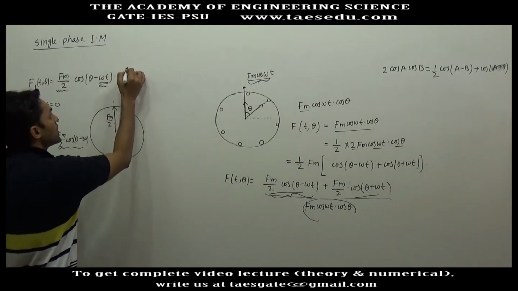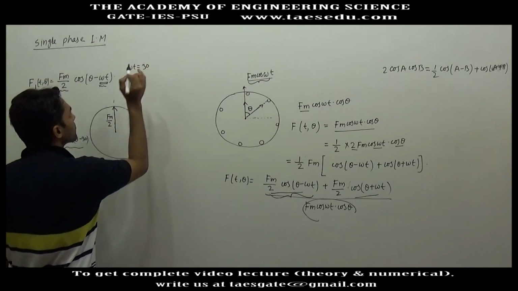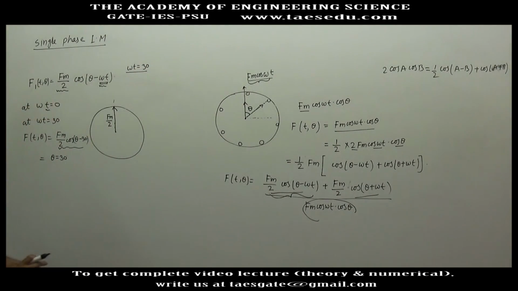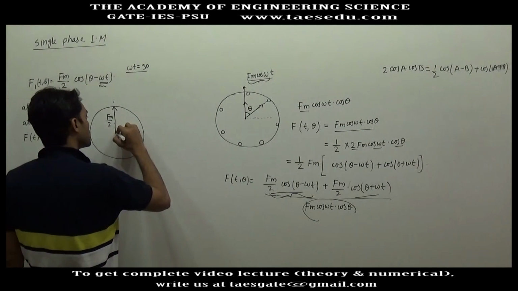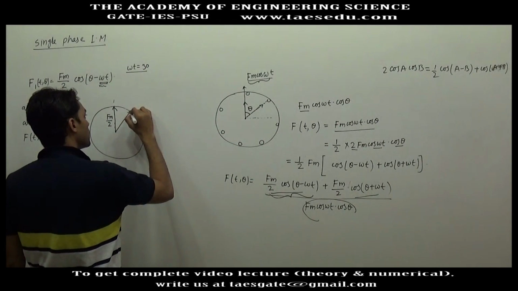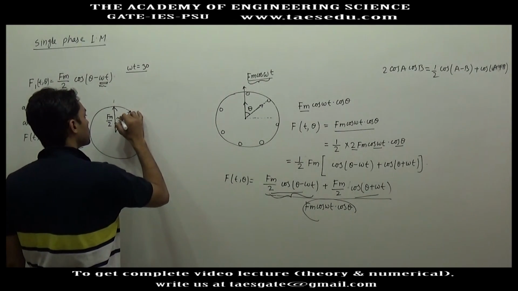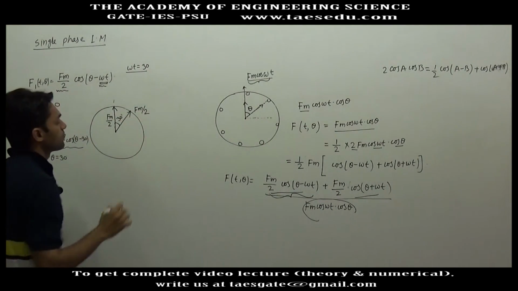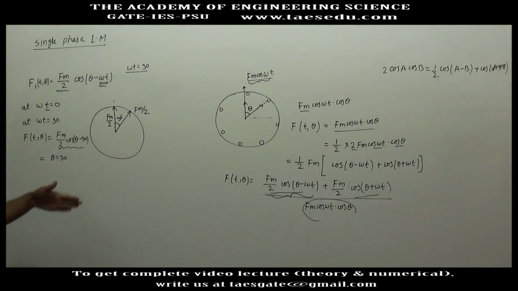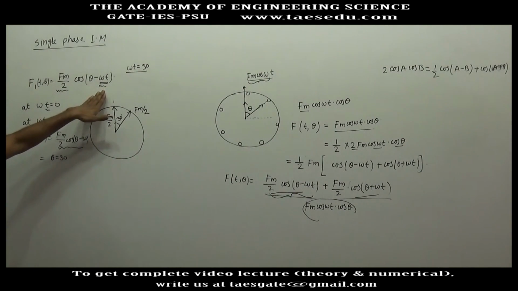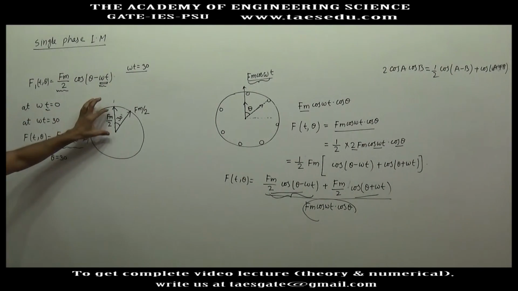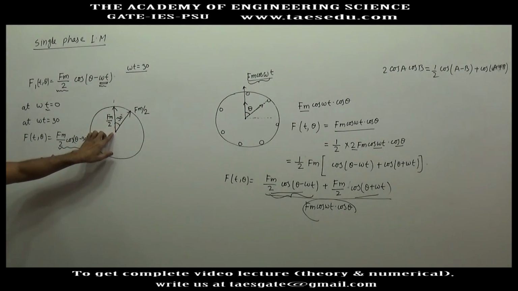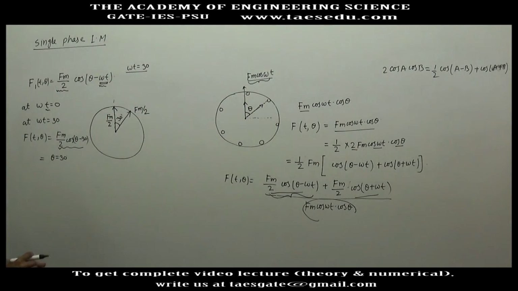When omega t equals 30 degree, the field is maximum for theta equal to 30 degree. So we will have Fm by 2 at an angle of 30 degree. So what we observe here, as omega t varies from 0 to 30 degree, the maximum magnetic field rotates in space by an angle of 30 degree.